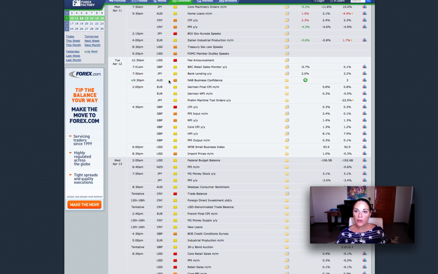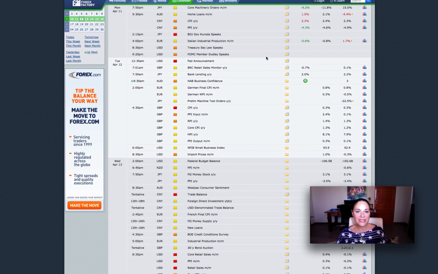At the moment we are waiting, it's 9:26 a.m. and at 9:30 we are waiting for a news announcement which will affect the Australian dollar. I will not be trading it, but we are going to analyze together the impact of the news that is going to be released within the next few minutes and have a look at how the currency is going to react.